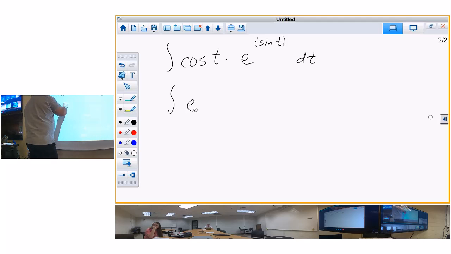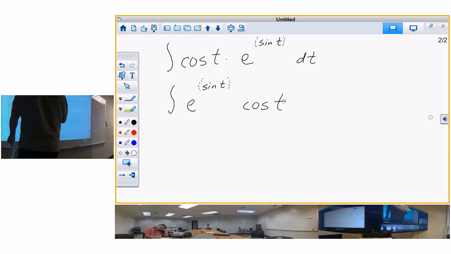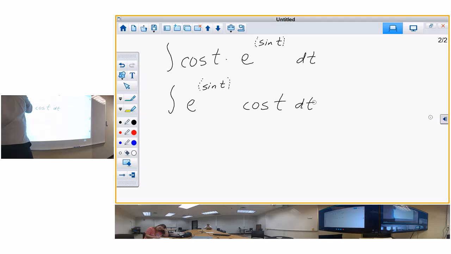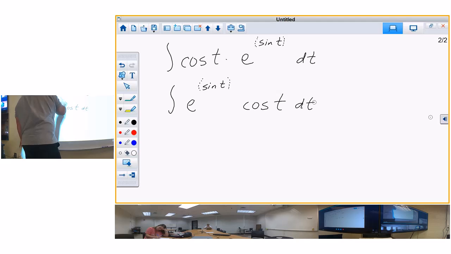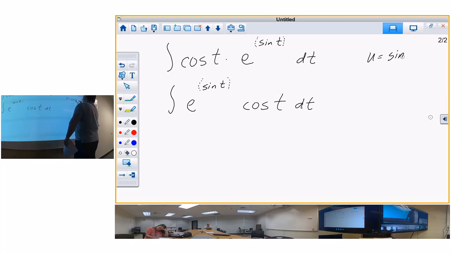So e to the sine of t. And this is just something I used to do as a student. I would go ahead and rewrite to see what I needed to add or not. So whatever is not used as u, I would put over here beside this dt. So u is equal to the sine of t.